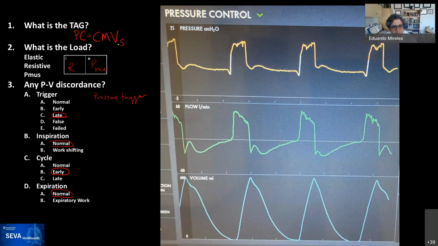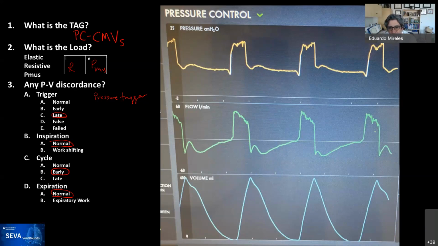This is certainly CMV. Although every breath is triggered by the patient, you can certainly see that the ventilator is being cycled by time. And there are some hints there. One of them, you caught it right on, is that there is an early cycle. So that means that the ventilator is cycling earlier.